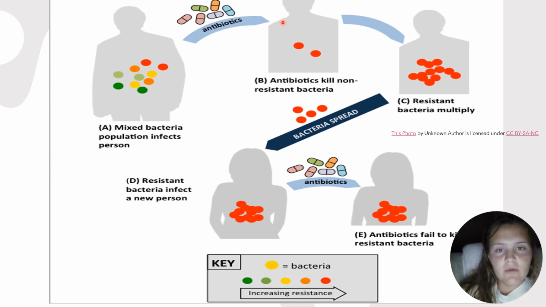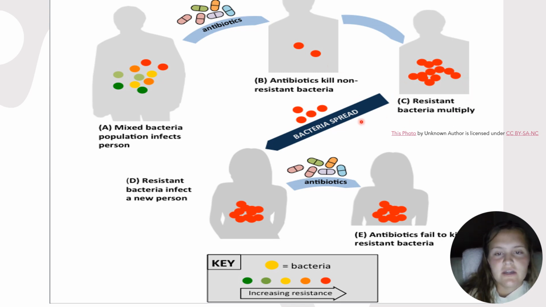So usually people receive resistant bacteria because they do not finish their entire course of antibiotics. And if you do not complete your entire course of antibiotics, usually that's when bacterial resistance occurs. People will start to feel better and their symptoms will completely subside, but it does not mean you should stop taking your antibiotics.